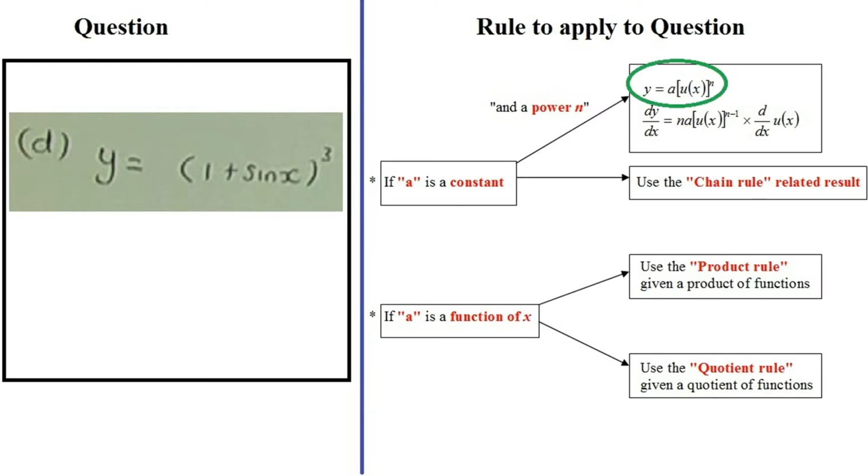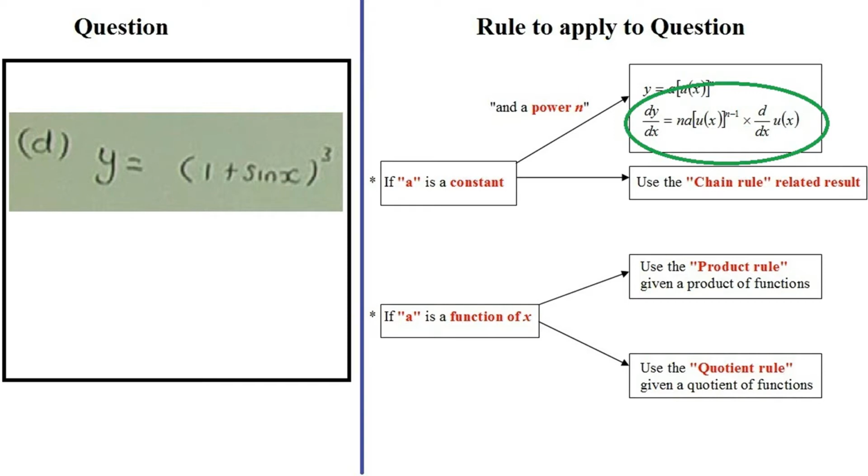So remember the result. If y is equal to a u of x to the power of n, and when you differentiate such a function, dy over dx is n a u of x to the power of n minus 1 multiplied by d by dx of the u term.